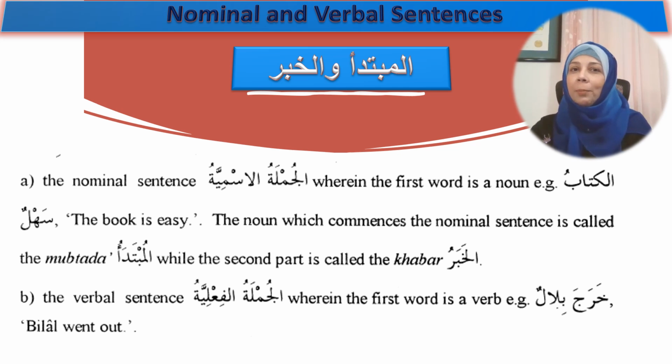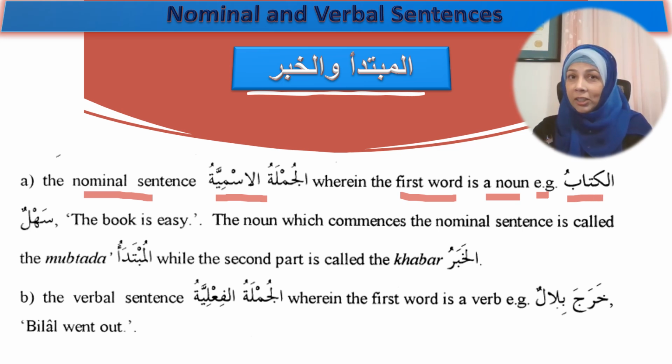A quick 1-minute summary before we move on to today's lesson. In the last lessons, we talked about the nominal sentence, which is called Al-Jumlatul Ismiyatu in Arabic, where the first word is a noun. For example, Al-Kitabu Sahlun, where Al-Kitabu is the subject called the Mubtada and Sahlun is the khabar or the predicate of the sentence.